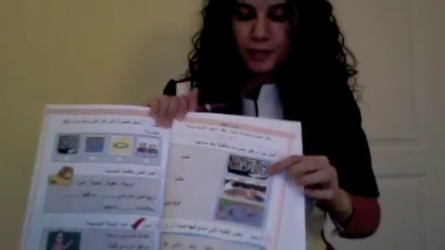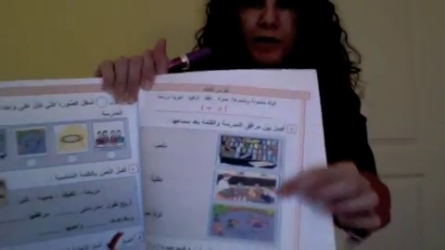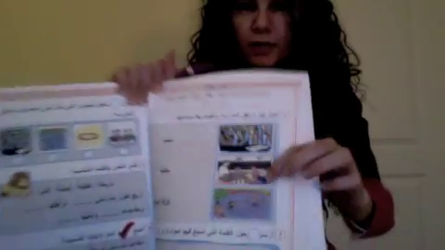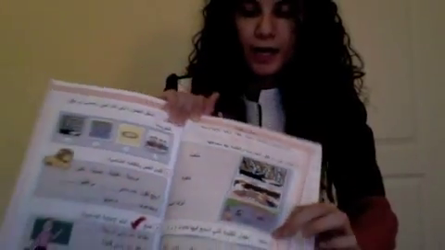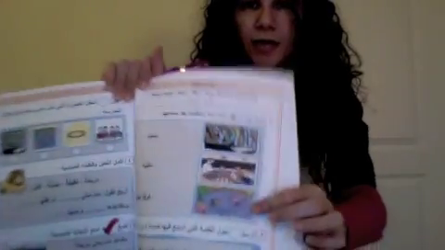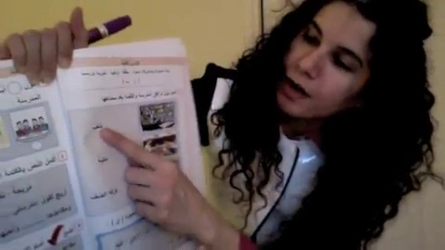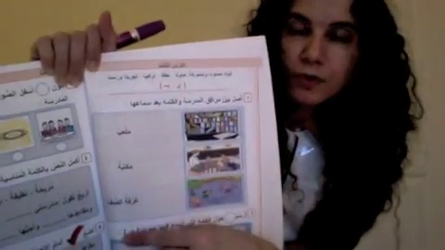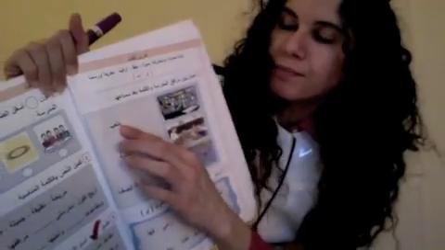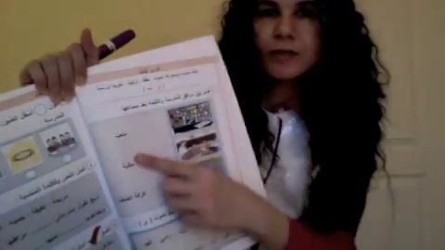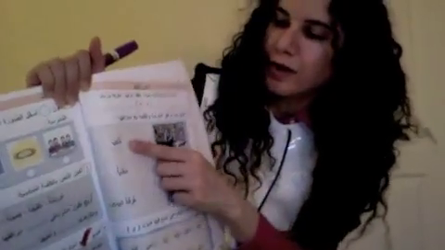If you can see, the top one is a library, and then the middle picture is a classroom, and the last picture is a playground. Kids are playing in the school. All right, so we'll match it. I'm going to read those words for you, and I'll give you a few seconds for you to figure out what goes where.